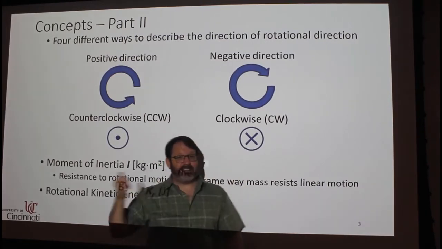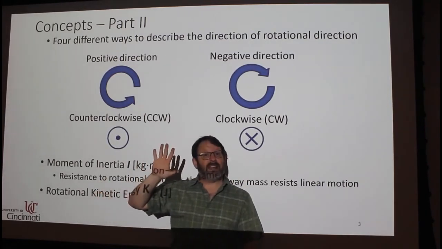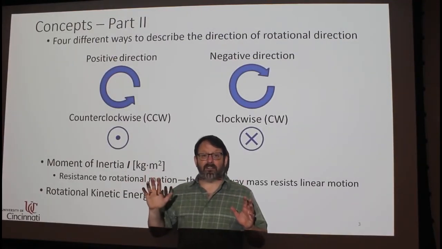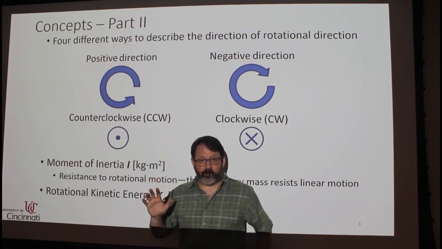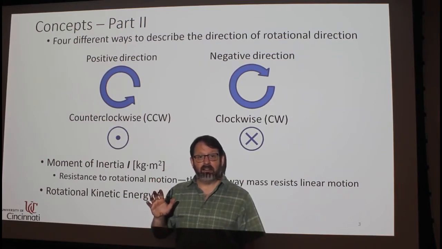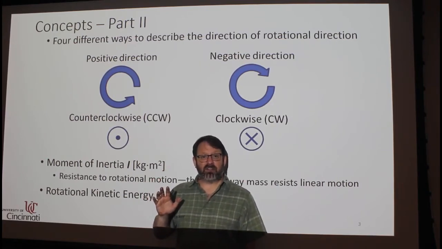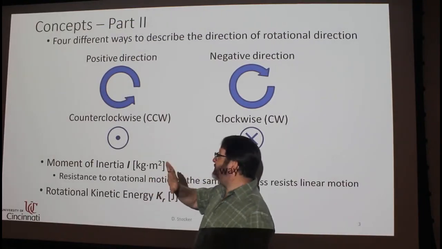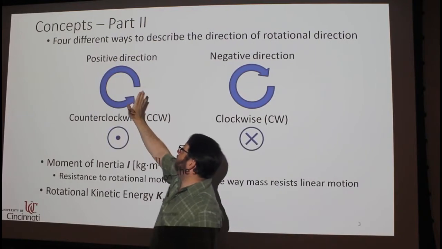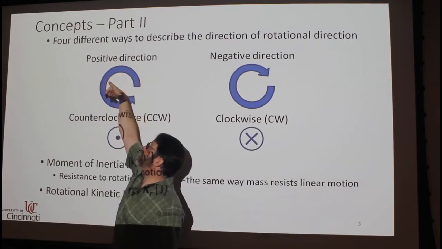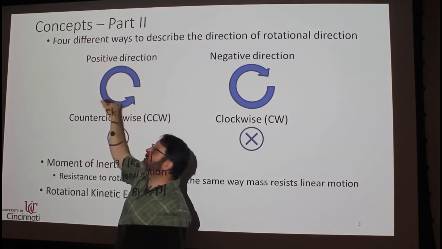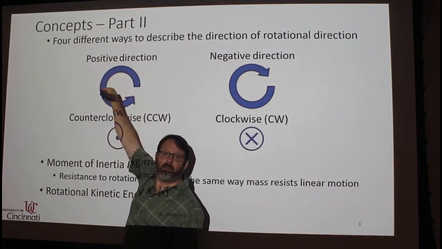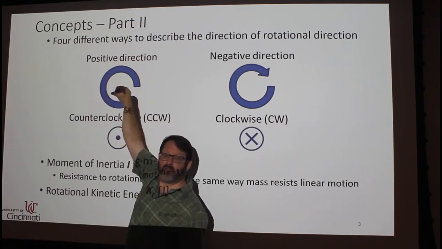The reason why it's in and out is due to the right hand rule. It's important that you use your right hand for the right hand rule. So I'm going to put my left hand in my pocket. And if you're sitting down, you might want to just sit on your hand so you don't forget which hand you're using. So right hand rule: if I make my fingers curl around in the direction that this arrow is going, my thumb is pointing straight out of the board.